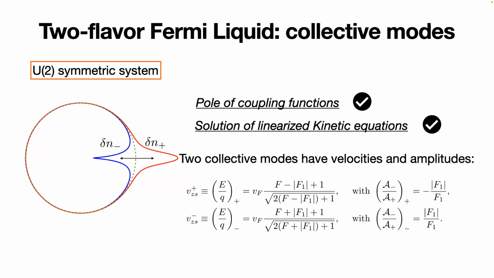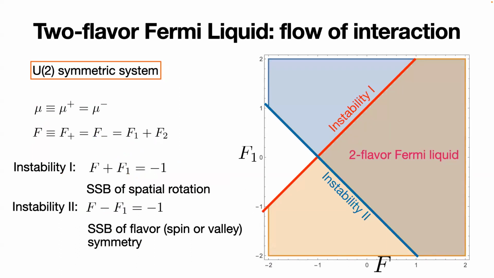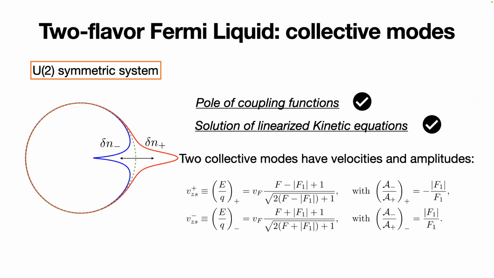Question? Yeah. So for the first instability, the rotation symmetry is broken to what? The rotation symmetry depends. That's the same as what I described before in the spinless fermion. So for the isotropic interaction, we have the phase separation, and for the D wave, we have nematic condensation. Yeah, that's the same. The new thing is instability 2.